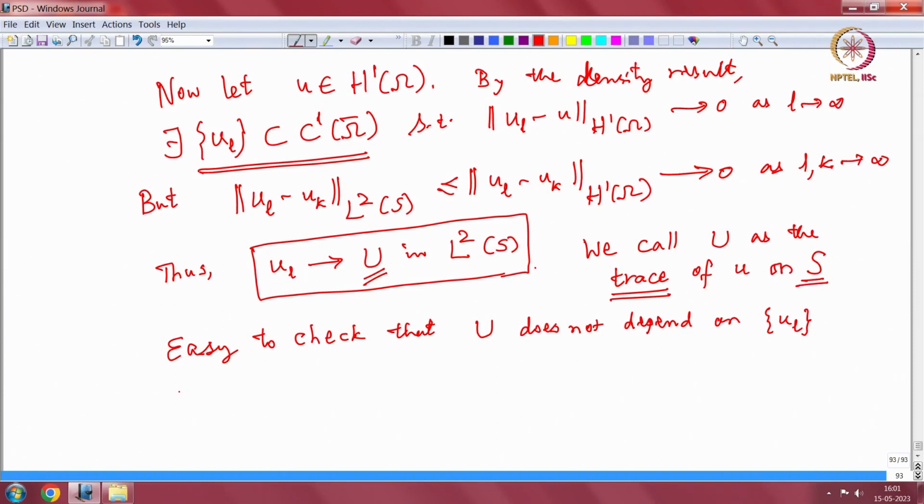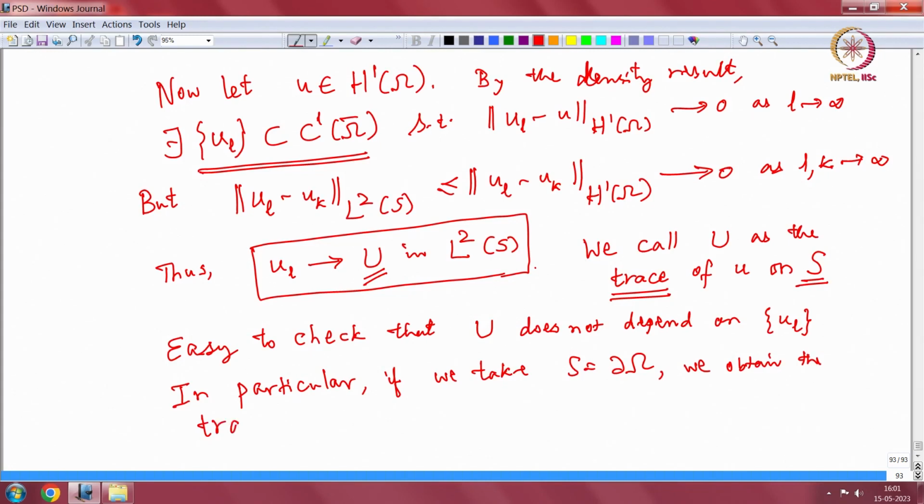In particular, if we take S equal to del omega, we obtain the trace of any H1 function on del omega.